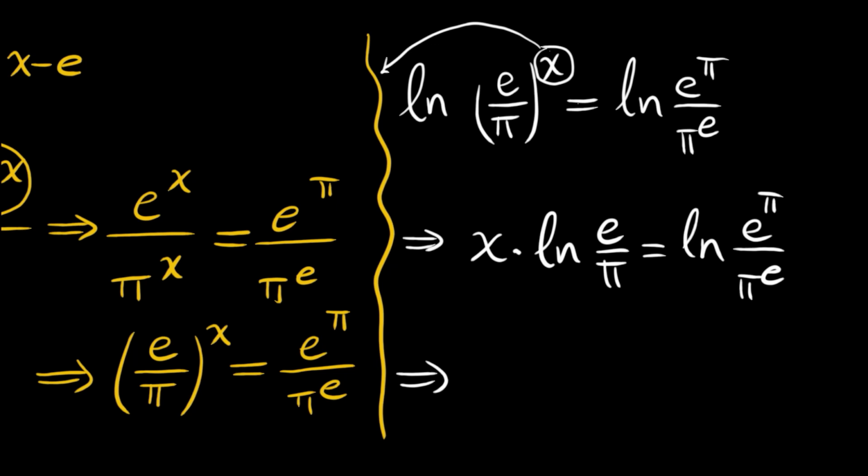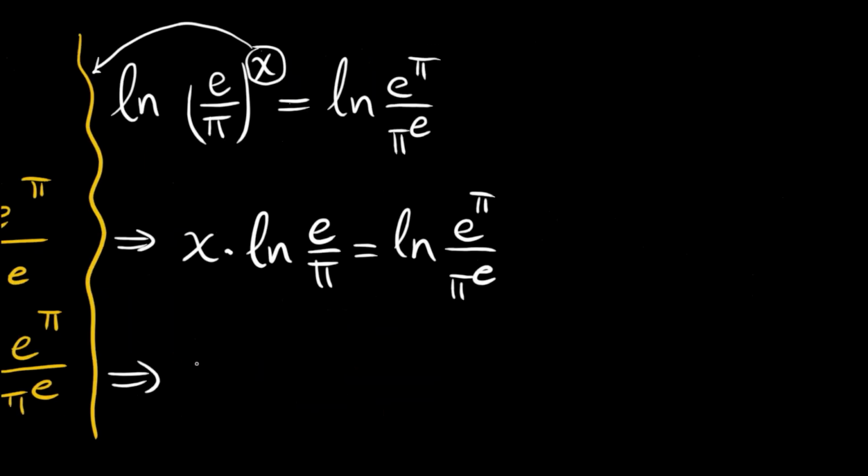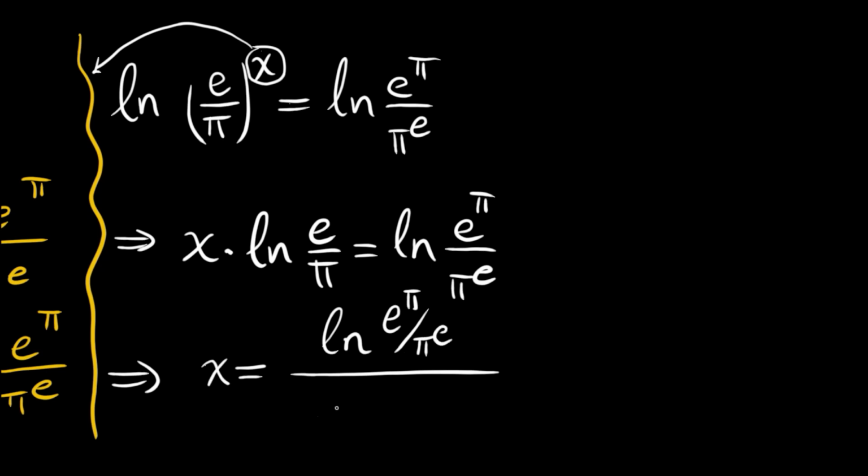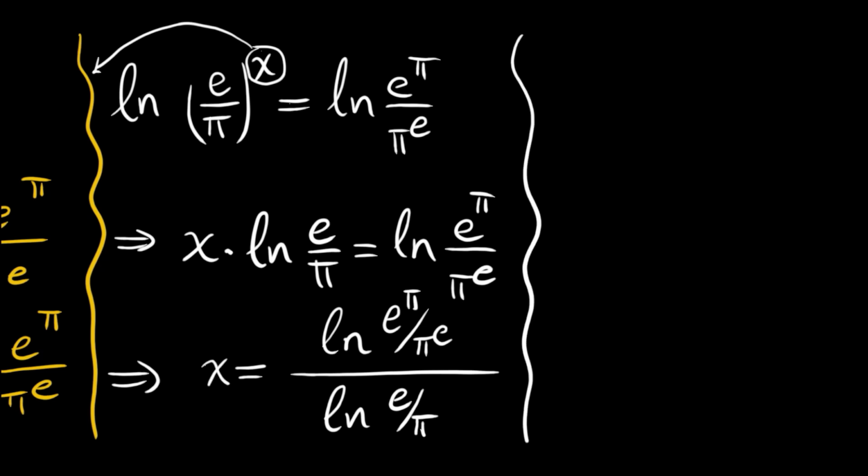So we will have actually x is equal to ln of (e to the power of pi divided by pi to the power of e) divided by ln of (e over pi).